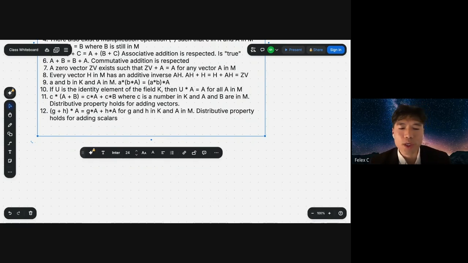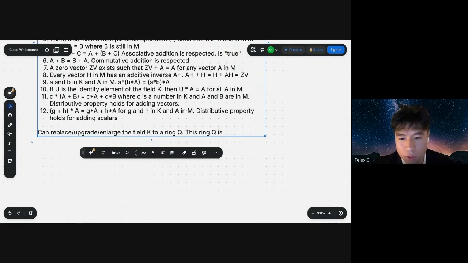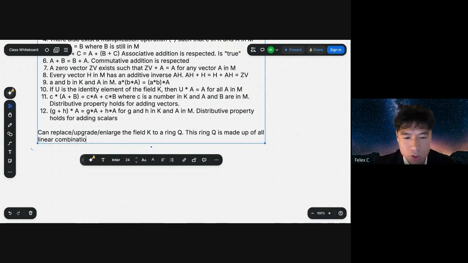Now you can replace the field K, or enlarge it, with a ring Q. Replace, upgrade, enlarge, whatever you want to call it, the field K to a ring Q. Now what is this ring Q? This ring Q is made up of all linear combinations of x to the n and d^n/dx^n.